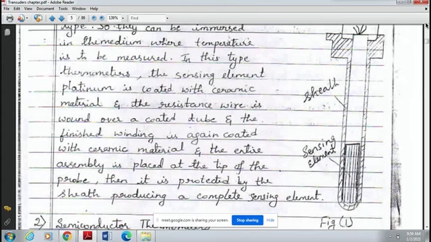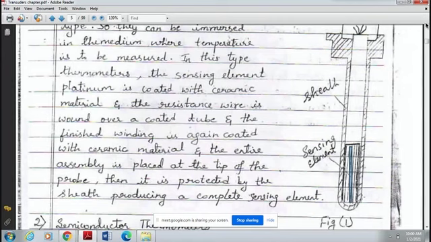Inside this the sensing element will be there, and over that sensing element the resistance wire will be wound around it. That resistance wire again will be coated with the ceramic coating, and then placed at the tip of the probe. This coating will again be given a shield of protection, provided by the shield.